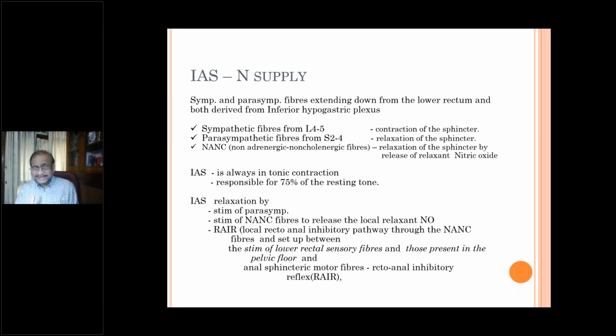Number one, the lower rectal, at the same time, the pelvic floor fibers are stimulated, leading to a reflex which acts at the anal sphincteric motor fibers, giving rise to either an inhibition or a relaxation of the anal sphincters, right? So this reflex is set up between the local rectal and pelvic and the anal fibers. So that is basically an inhibitory pathway. It can also act as a stimulatory pathway depending upon the ease for defecation.